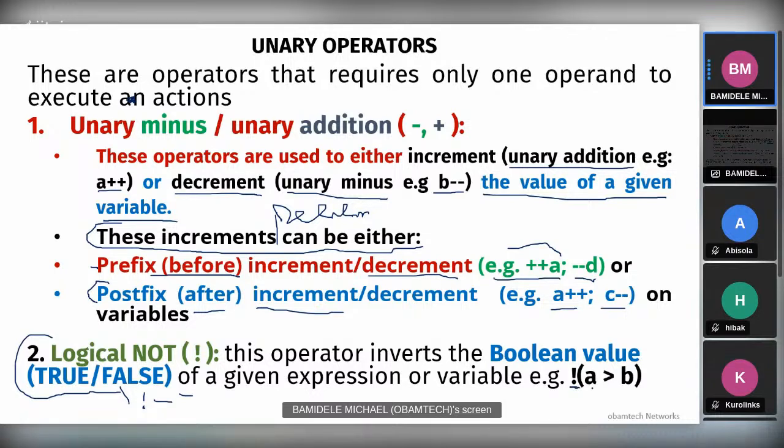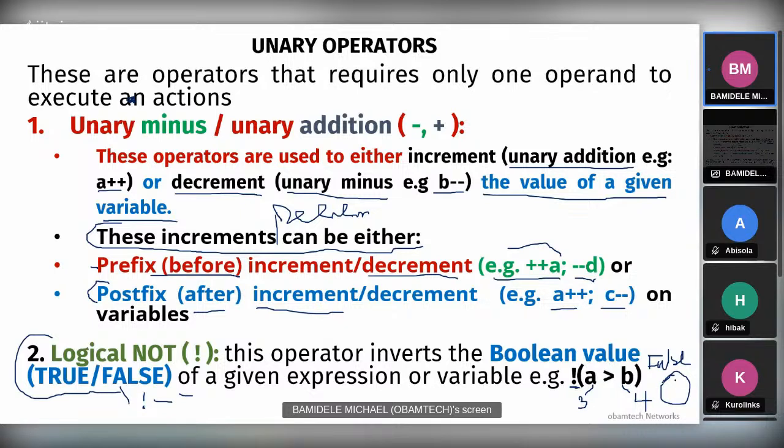So if you say a greater than b, now this does not really make sense because we don't know the value of A. So let's say A is 3 and let's say B is 4. So if we now look at it, is A greater than B? Is 3 greater than 4? Of course, it is not. And this will return false. Okay? So false is actually 0 in the computer memory or the computer language.